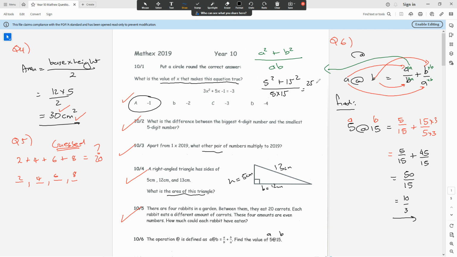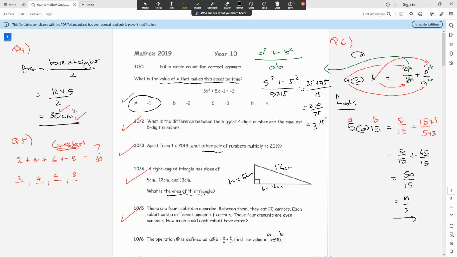5 squared is 25, 15 squared is 15 times 15 is 215. Over 5 times 15 is 75. That becomes 220 plus 20 is 240 over 75. 75 goes into 243 times. 3 times 7 is 210. 210 plus 15 is 225.